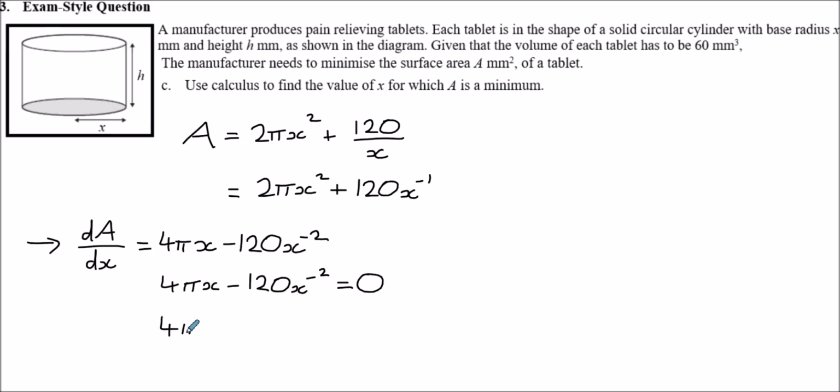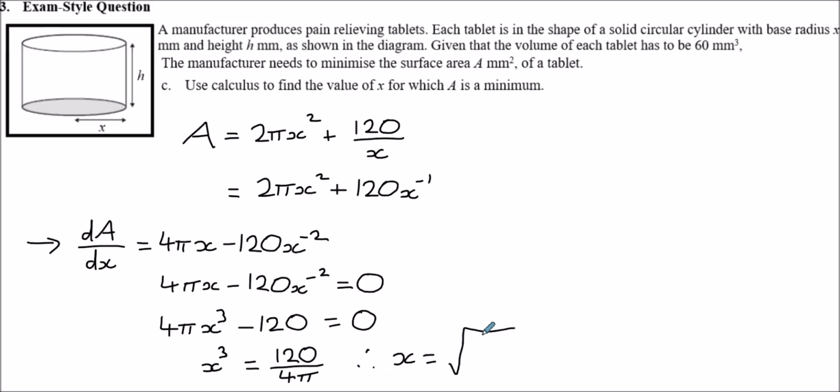So multiplying through by x squared, we have 4 pi x cubed. Multiplying this by x squared will cancel the x's altogether, so we have minus 120 equals 0. So rearranging, if we add 120 to both sides and divide through by 4 pi, we get this. Now if we cube root both sides, we get that x must be the cube root of 120 over 4 pi.